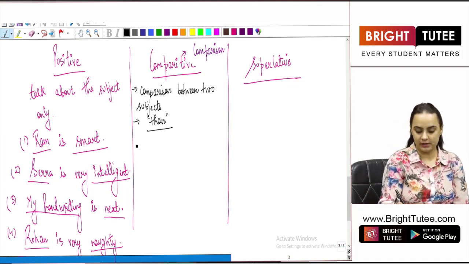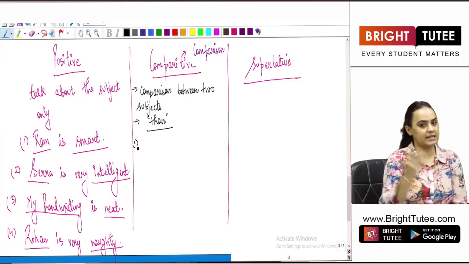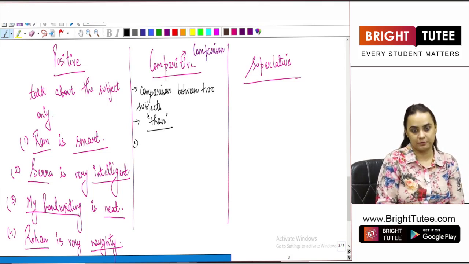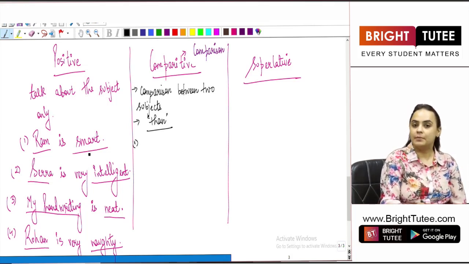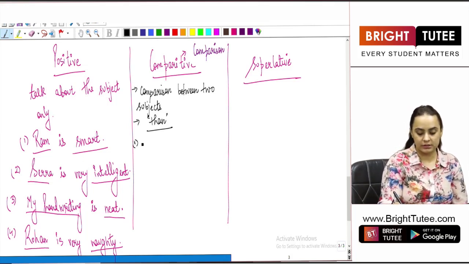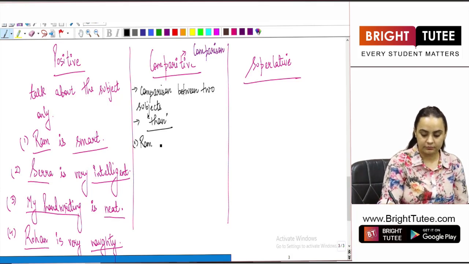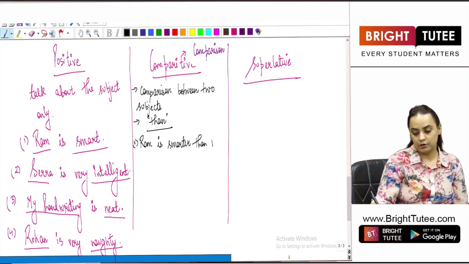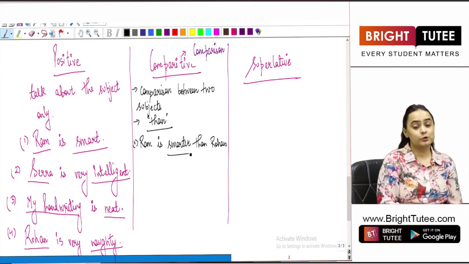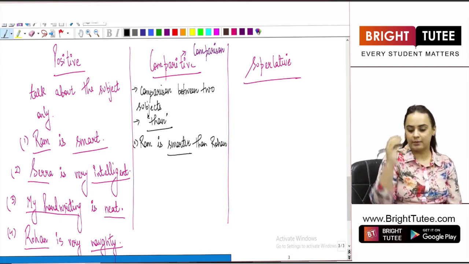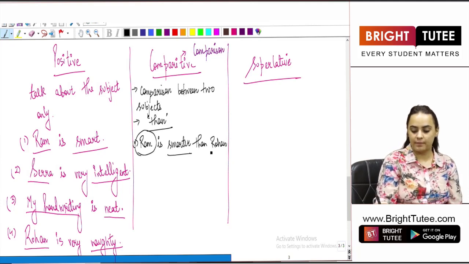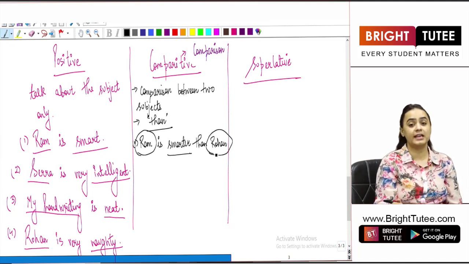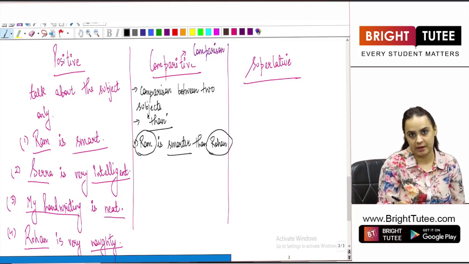Let me take the same examples but now in a comparative form. "Ram is smart" was my positive degree. "Ram is smarter than Rohan." Here I am talking about two subjects, Ram and Rohan, and striking a comparison between them.